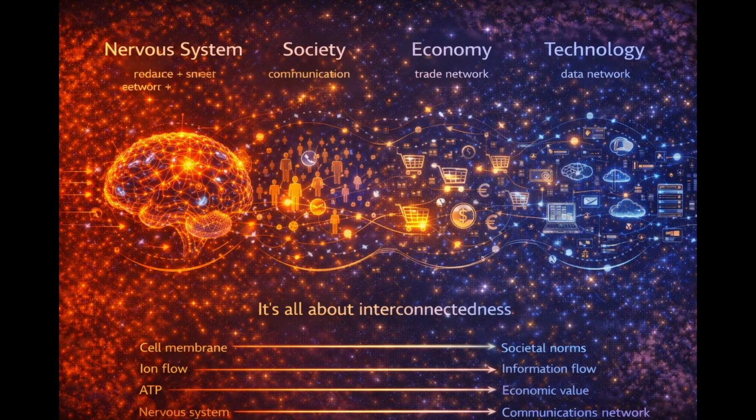In the cell, a proton gradient drives ATP production. On the planet, a temperature gradient drives atmosphere and oceans. In the galaxy, a gravitational gradient drives the condensation of matter.